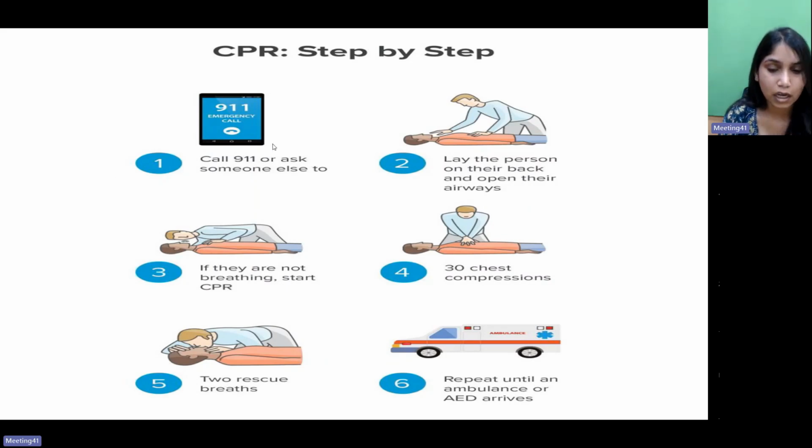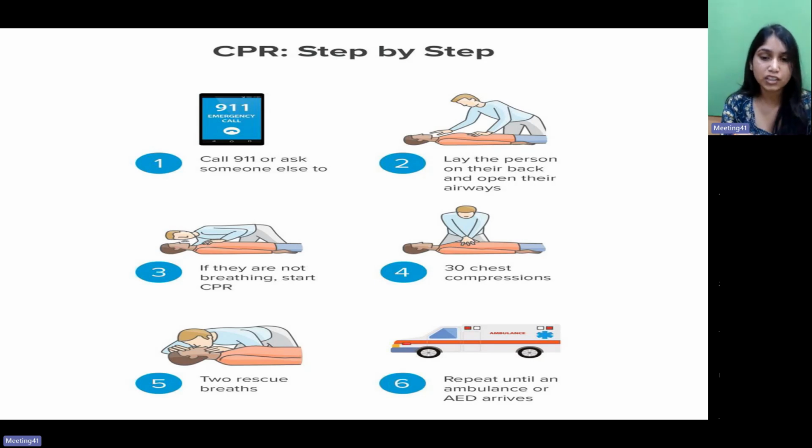I will tell you again. The first step is to call 911, as I told you, and get someone else to help too. The second step is we lay the person on their back and open their airway. Next, if they are not breathing, we start CPR.